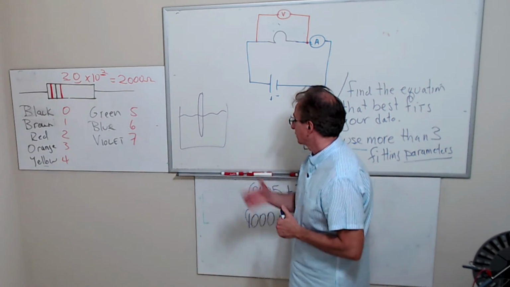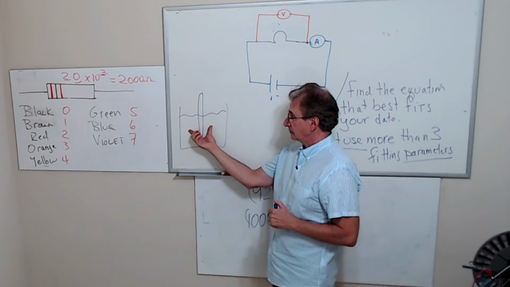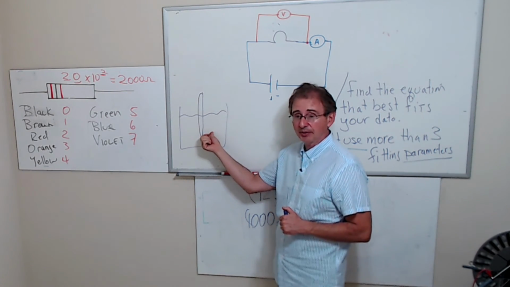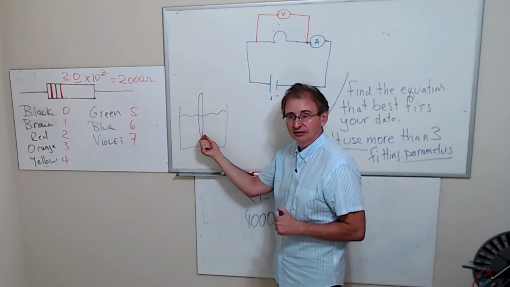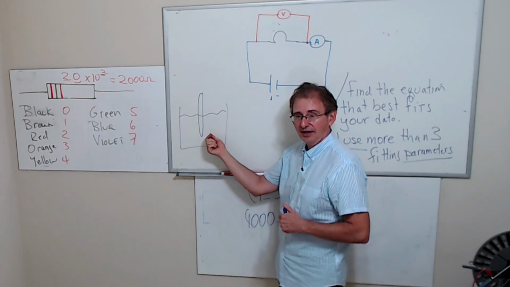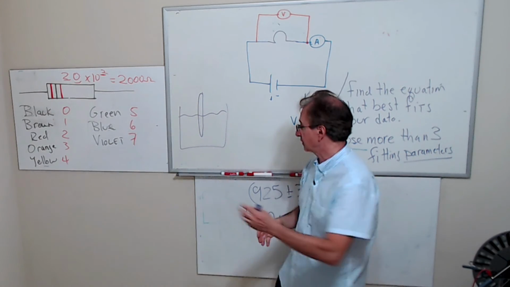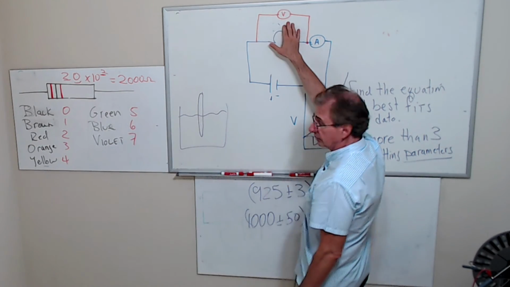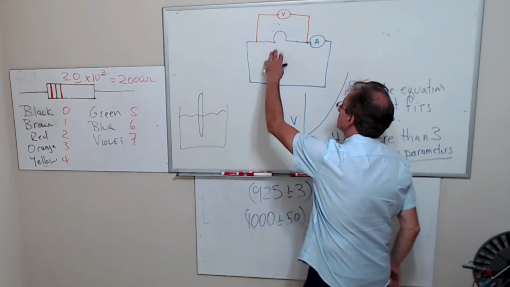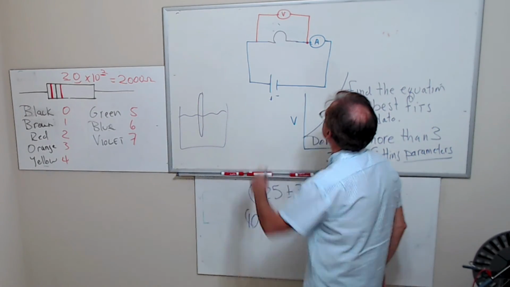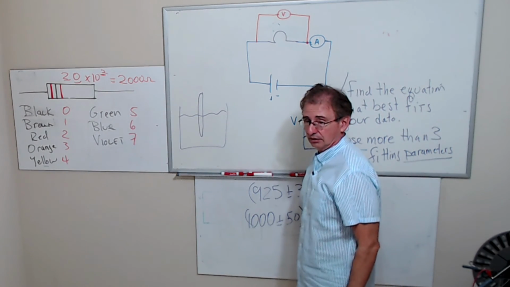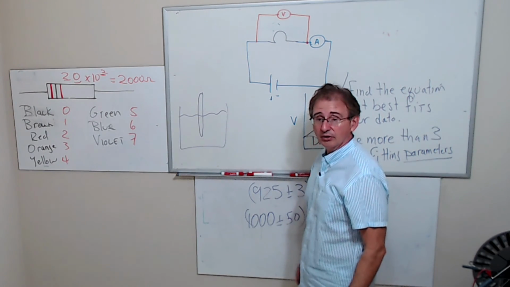Okay, so you want the thermometer to not affect the temperature, so that's why it's small, right? It has a small thermal inertia, so it doesn't affect the temperature of the system. Well, when you measure voltage across a resistor, you do not want the voltmeter to affect the voltage across the bulb or the resistor.